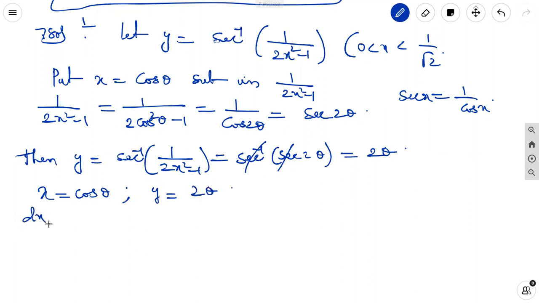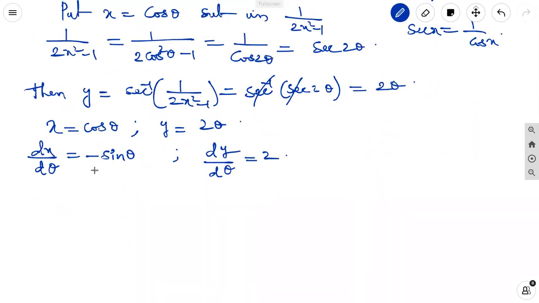X is differentiating with respect to theta. Dx by d theta equal to minus sin theta. Y is with respect to theta, that is dy by d theta equal to 2. So here sin theta means minus sin theta, that is minus under root of 1 minus cos square theta.